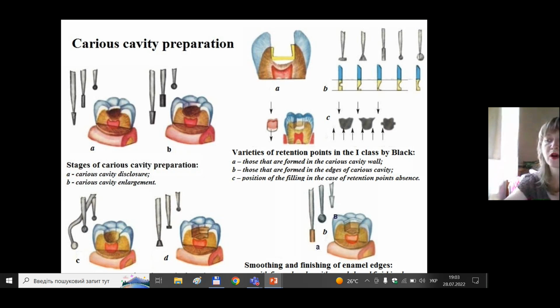So burrs for smoothing and polishing are used separately; they are separate from those used for necrectomy and for caries cavity formation. They have another type of coating material on them.